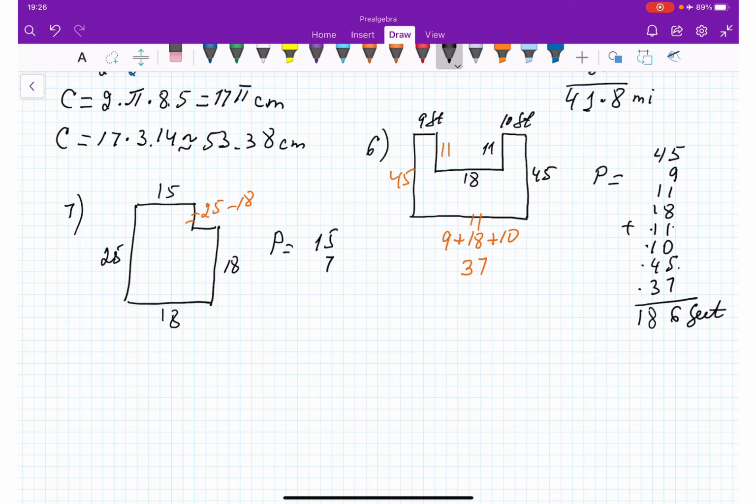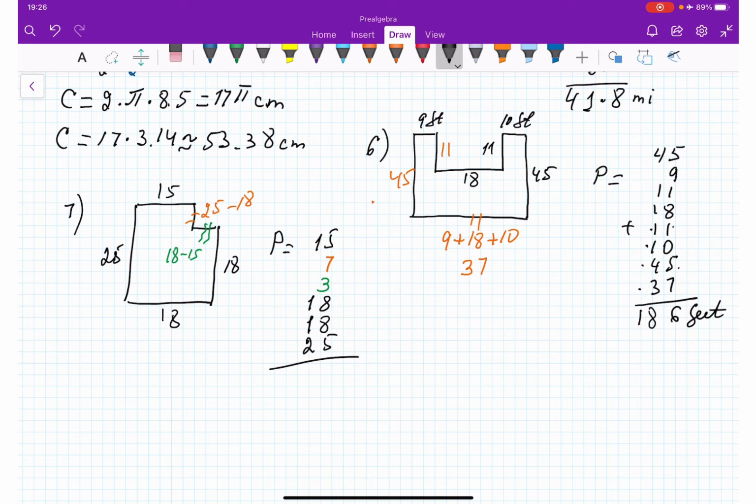And this piece is going to be 18 minus 15, which is 3. Let me color this one also so you will know it's a result of 25 minus 18, 3, and continuing with the further given sides. So it's going to be 18, another 18, and 25.